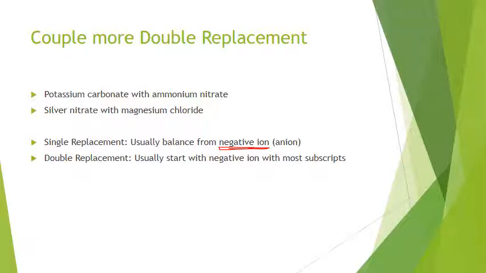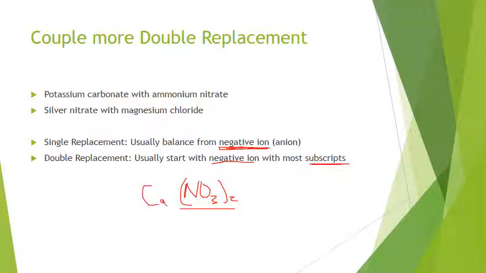Okay. For double replacement, there's two negative ions, and so usually I still like to start with a negative ion, but I like to start with the negative ion with the most subscripts, like NO3, especially if there's two of them.